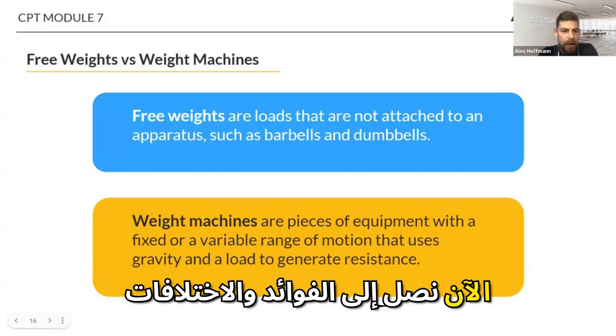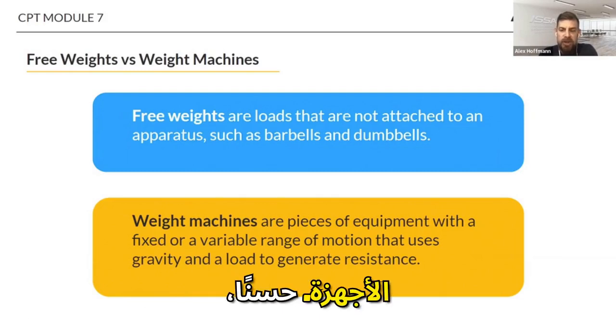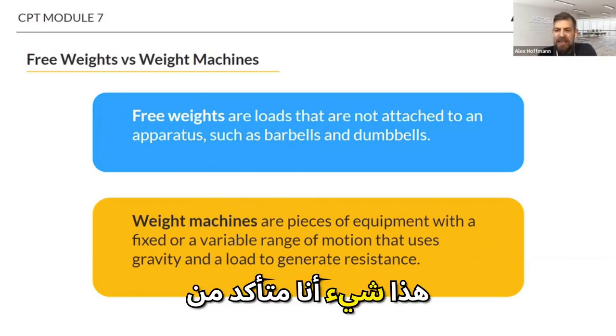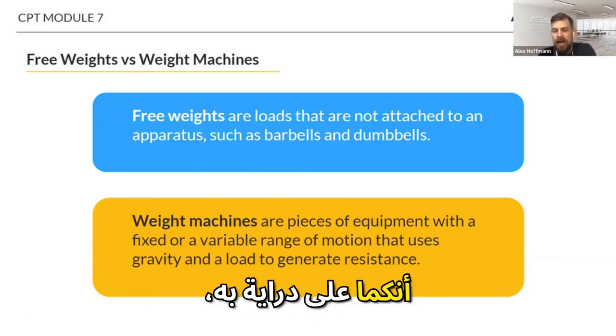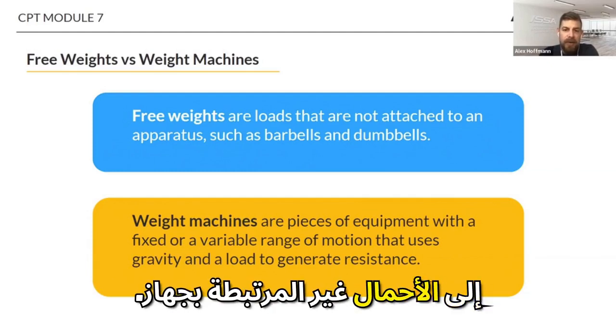All right. So now we come up to benefits and differences between free weights and machine weights. This is something that I'm sure that both of you on this call are familiar with. But free weights are simply referring to loads that are not attached to an apparatus.